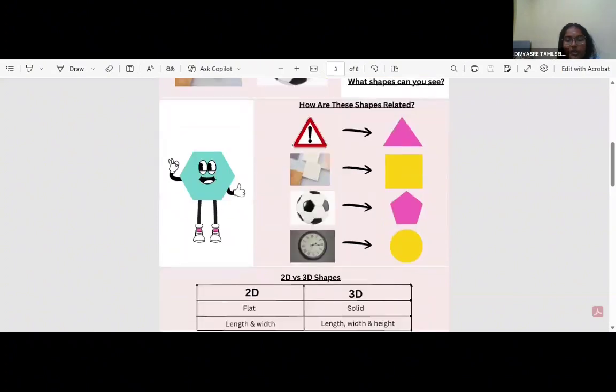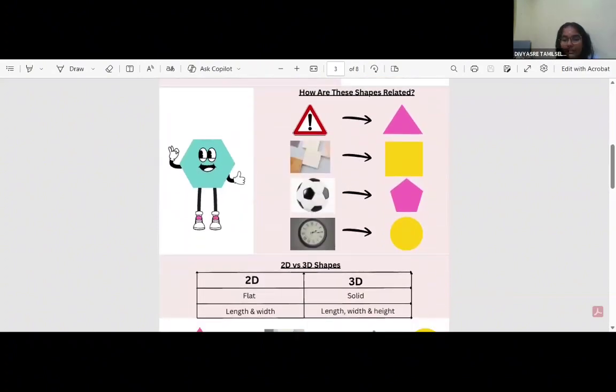So, now think a little deeper. How are these shapes connected to each other? Anyone? Just give a try. Durkashni?